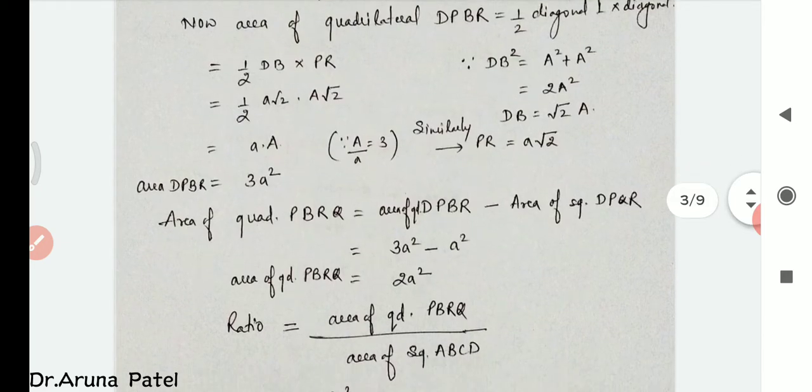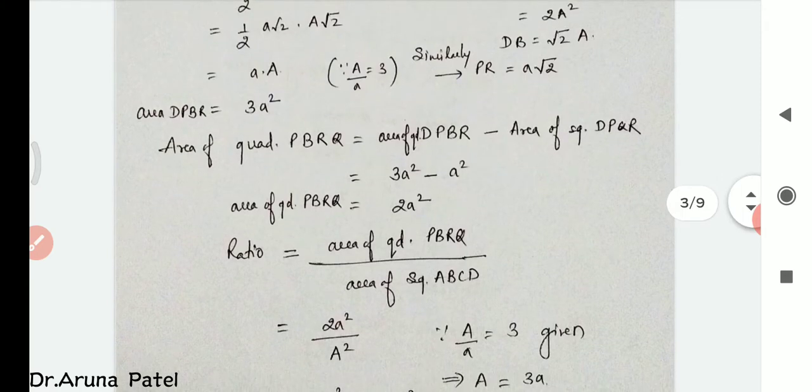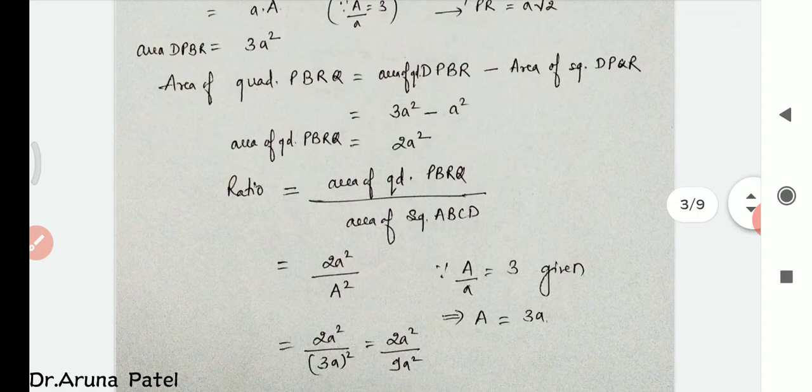Now you get the ratio: area of the quadrilateral divided by area of the square. So it equals 2a square upon A square. Now A upon a is given as 3. On substituting the value, A square becomes 9a square, so you get 2a square upon 9a square.